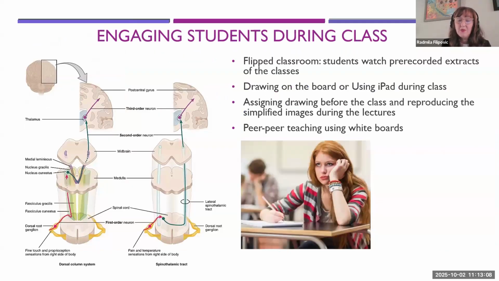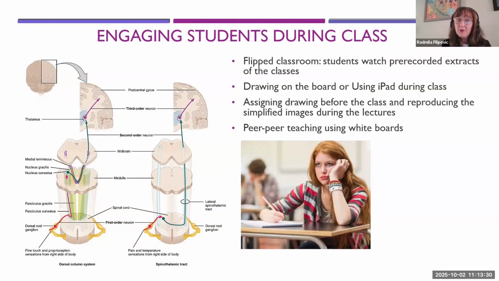So we do everything we can to not have bored students like in this slide, because neuroanatomy is not easy to teach and could be very overwhelming, with a lot of different structures and pathways, and it could be very confusing.